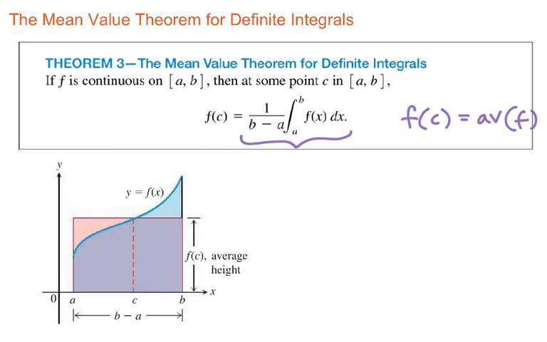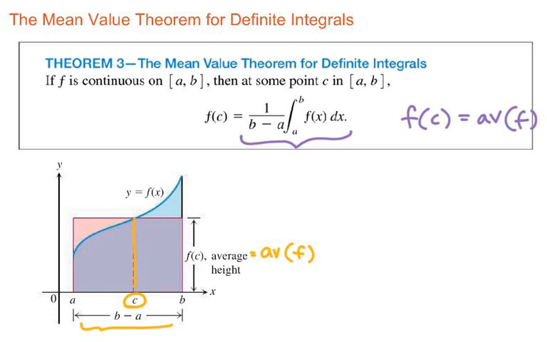So let's think about this geometrically. I have brought a picture in here. And the mean value theorem says that there is some value c on your closed interval between a and b such that the rectangle with a height, this height, which is equal to the average value of f, and with a base that is a width, the difference of those interval endpoints, b minus a, has an area equal to the area under my curve on the same interval.